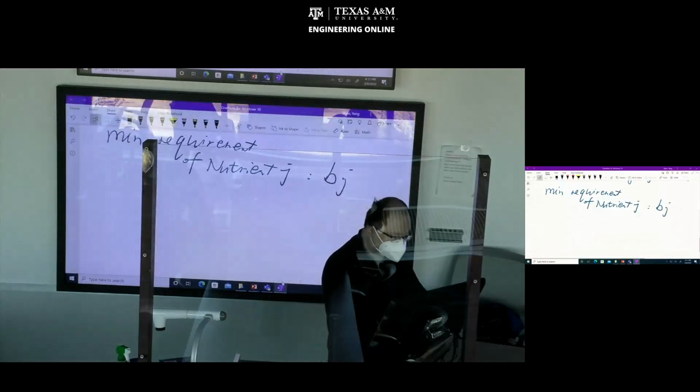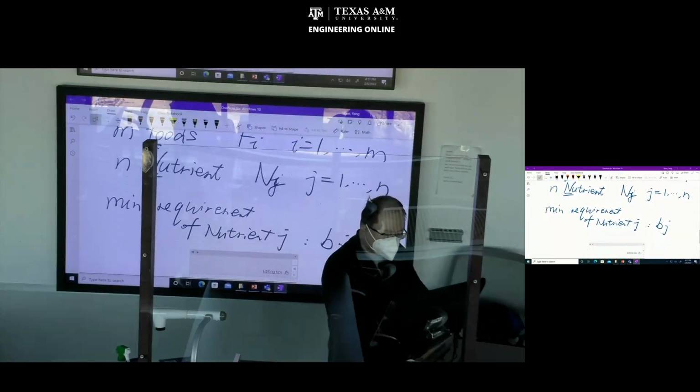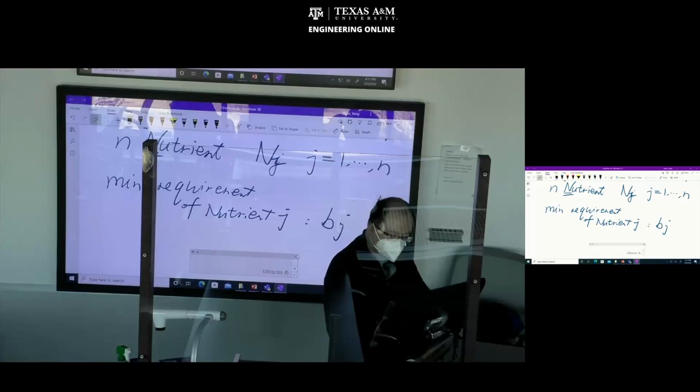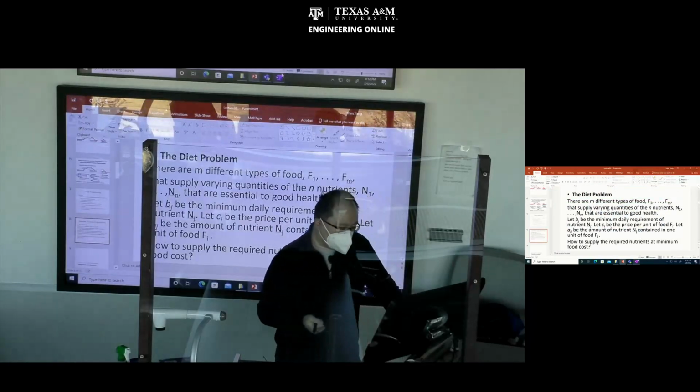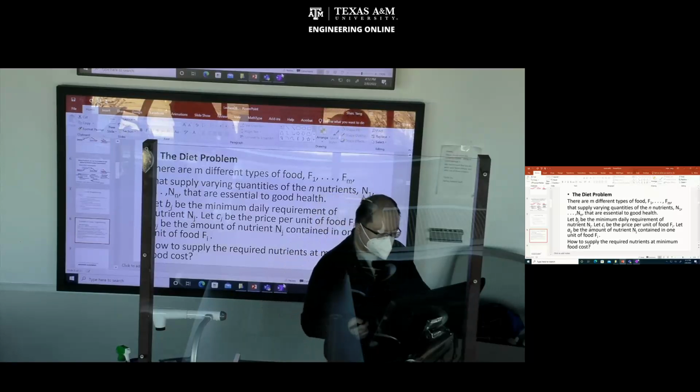And Aij is the amount of nutrient Nj contained in 1 unit of food i.